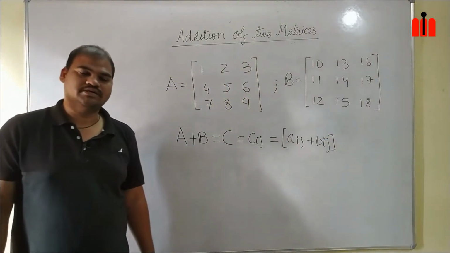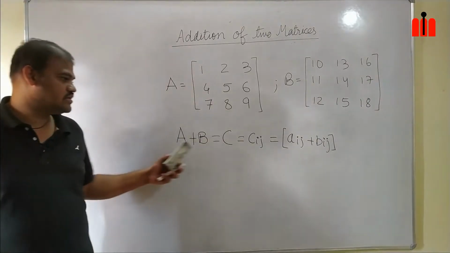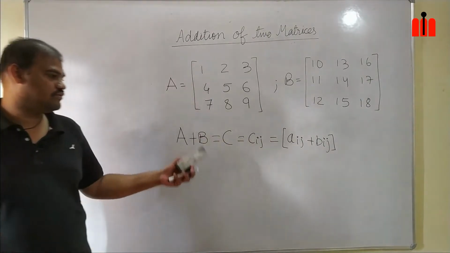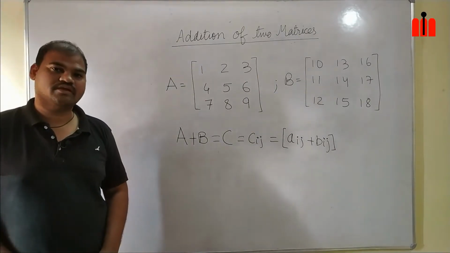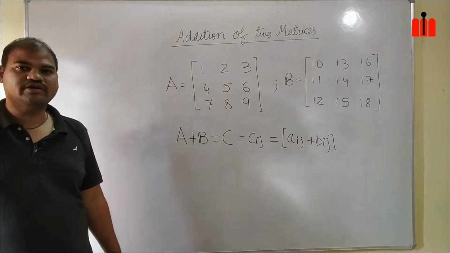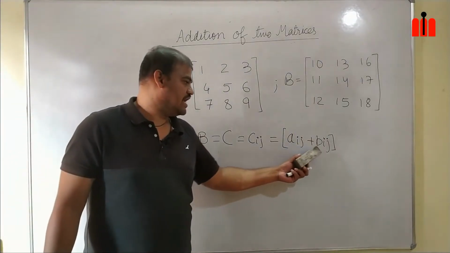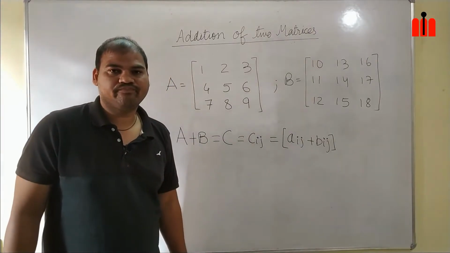Aij plus Bij is the result of this addition. Now, what is the meaning of Aij and Bij?